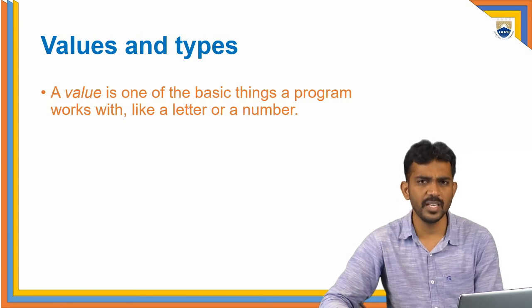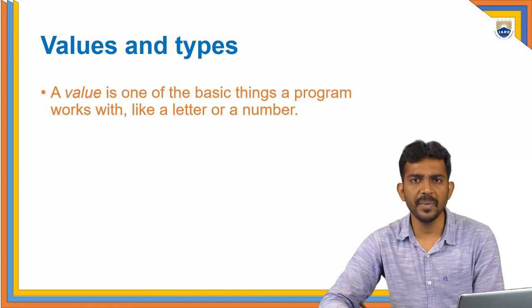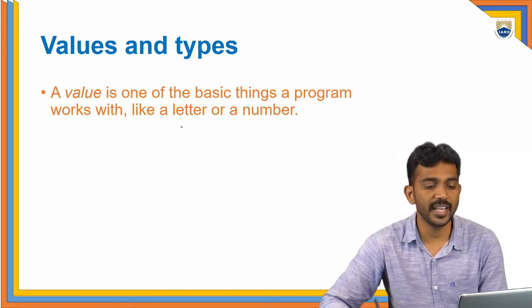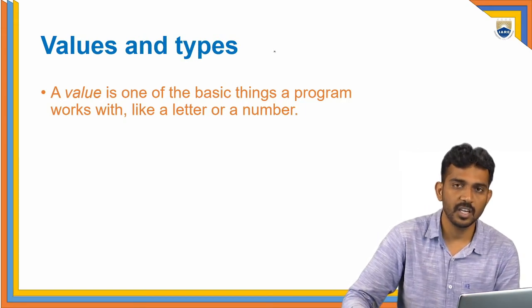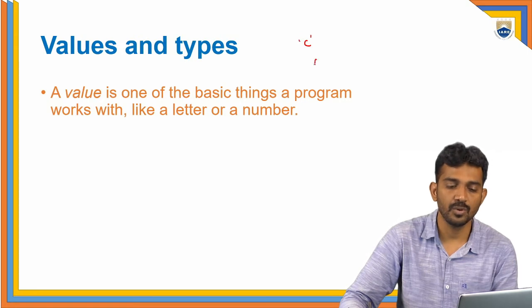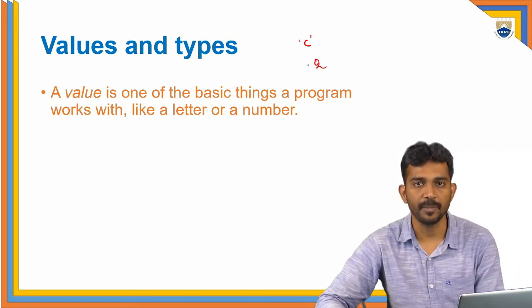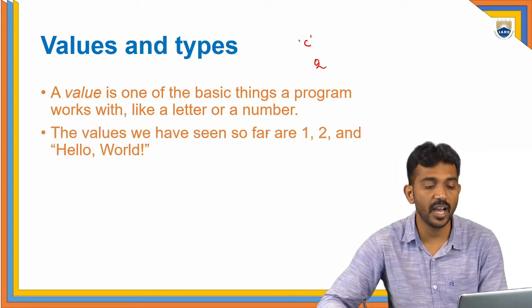Value may be anything, like a letter or a number. Whatever it may be. The values we have seen so far, like 1, 2, 3 in the hello world, all these are values. So values may be a character or a string or an integer, right?